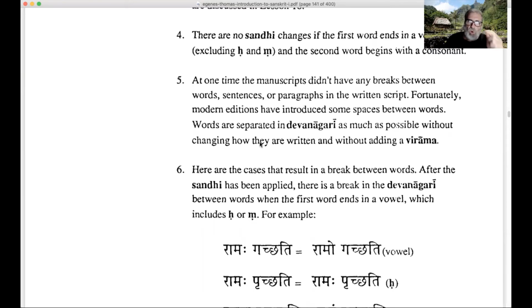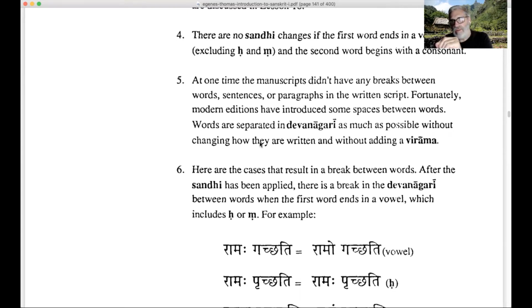Right. So words are separated in Devanagari as much as possible without changing how they are written and without adding the virama. Now, do you remember what virama is? Virama is the little dash which goes down at the bottom of a Devanagari letter, diagonally to the right, from up to down.